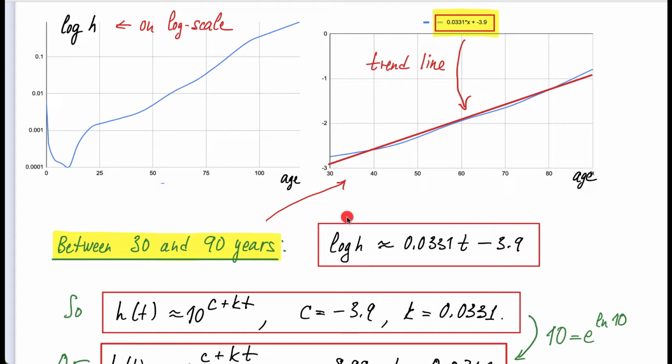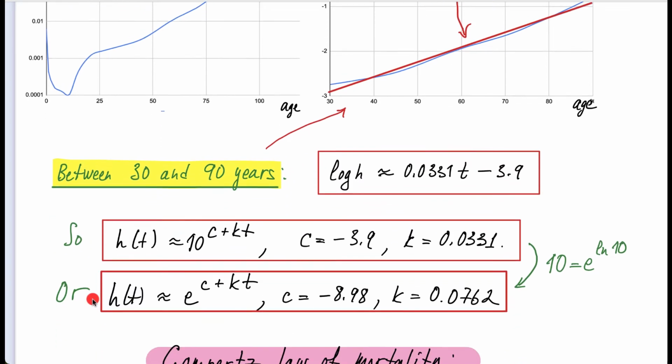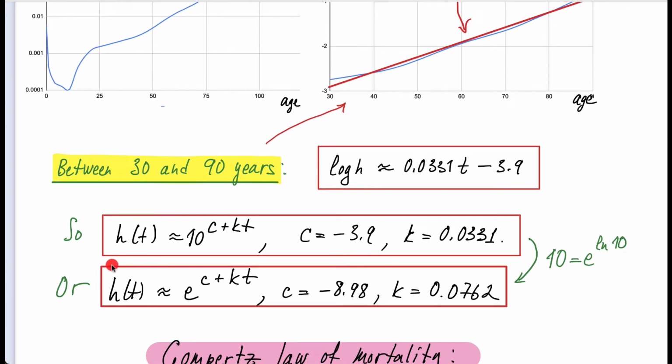This is on the logarithmic scale, so this line describes the logarithm of the death probability, and if you exponentiate both sides, you will get that the hazard function approximately follows this exponential 10 to the power c plus kt, where the constants c and k come from the trend line above.